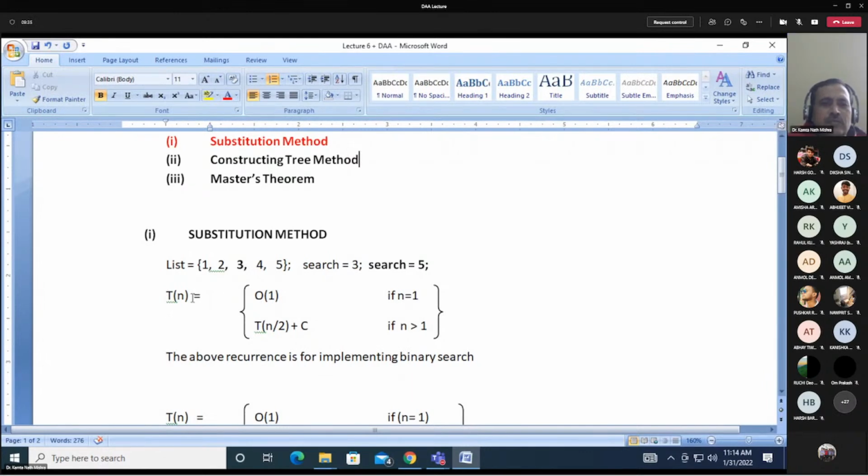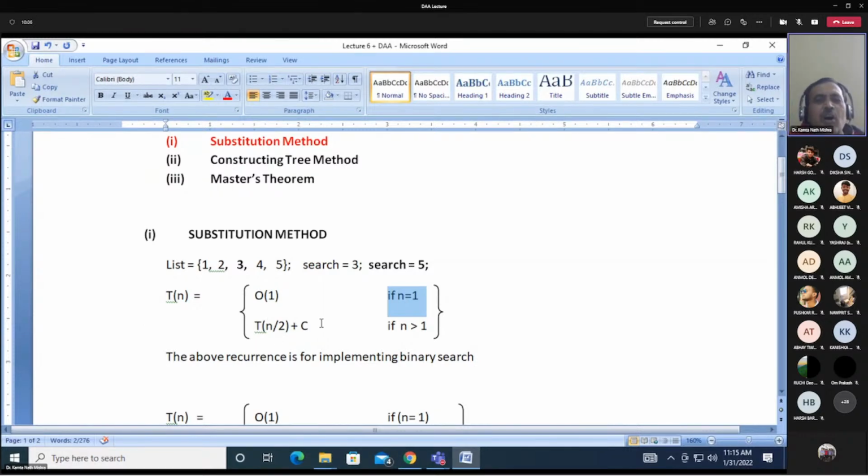So this is an example of the substitution method, solving recurrences. This is function T(n), and T(n) will be of order big O of 1 if n is equal to 1.